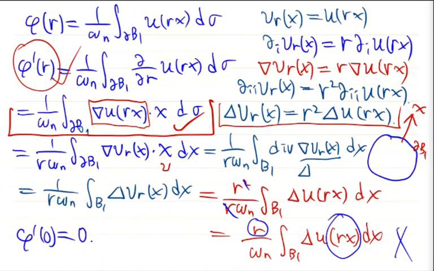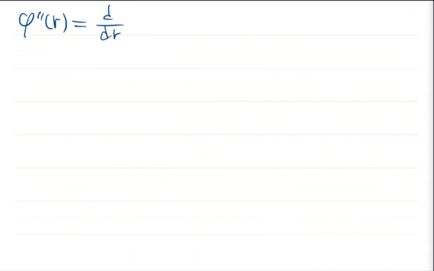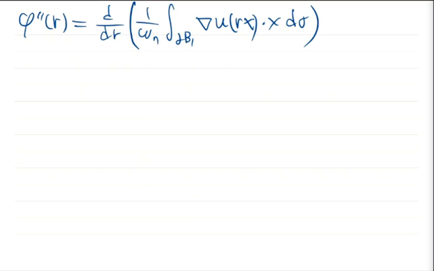Phi prime r, by this result, is 1 over omega n, the surface integral over the unit sphere, gradient of u(rx), inner product with x. As before, we can take the derivative inside the integral sign. So this would be 1 over omega n, integral over B1, the partial derivative of this.